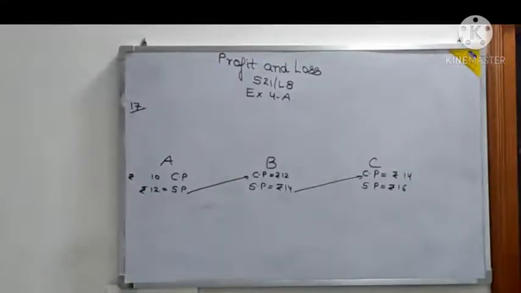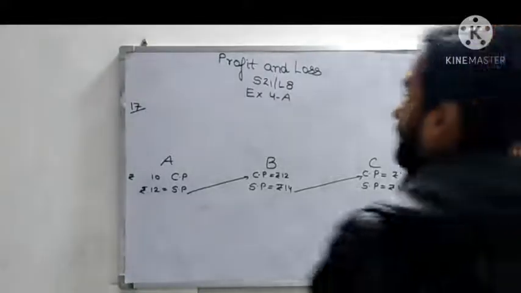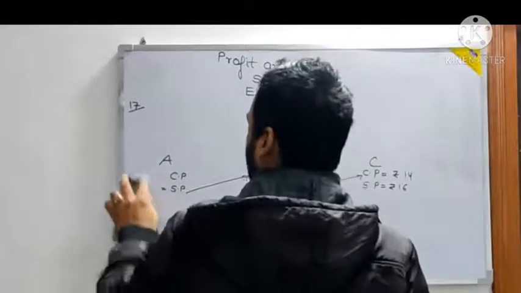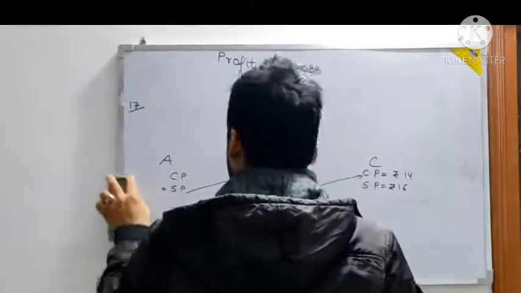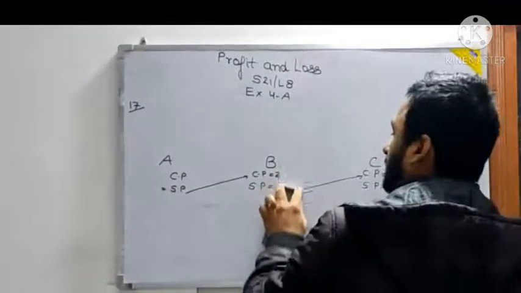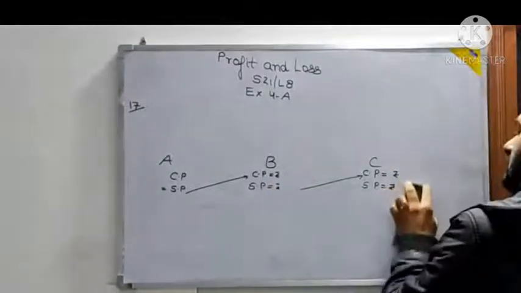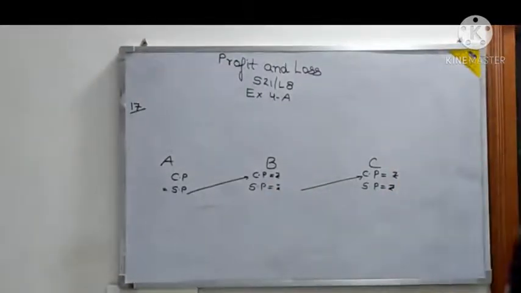And let me read the question now for you to understand better. A sells an article to B at a profit of 20%. Okay. So I'm rubbing this SP CP part, the digits I'm removing. In terms of question I am talking.